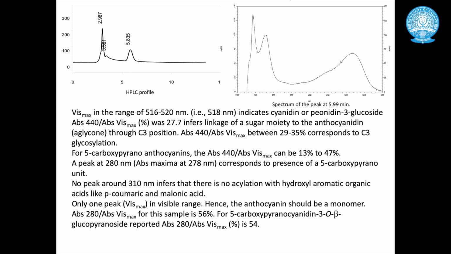If it is different from 54, then 3-O-beta-glucopyranoside is possible only if it is near the value 54. For this compound the value is 56%, which is quite close to 54.